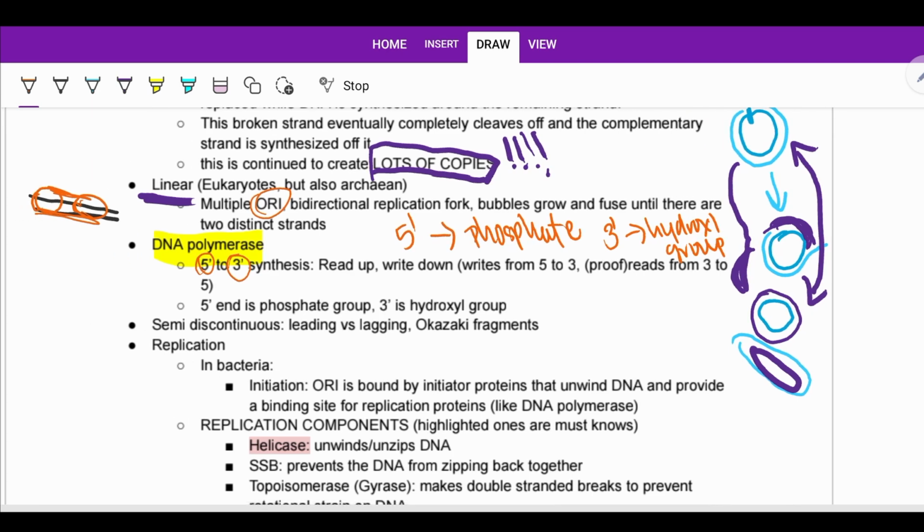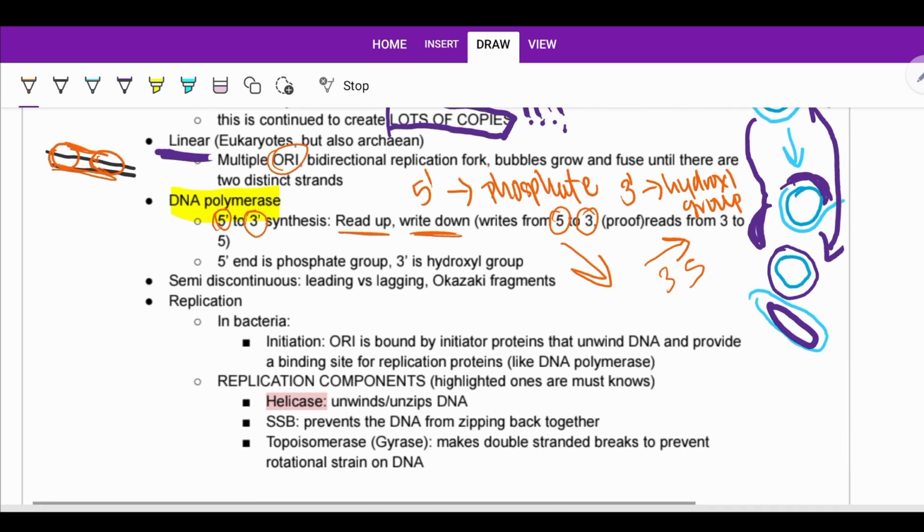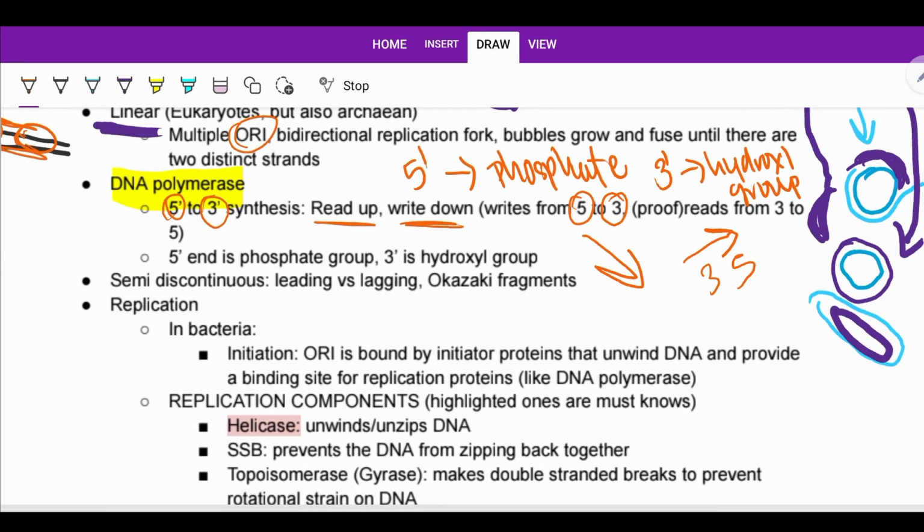A good way to remember this is it reads up, writes down. So it will synthesize, or write, DNA from 5' to 3', so down in numbers, and then it will proofread from 3' to 5'. So it's read up, write down. That's a good way to remember it. Just remember this if you're ever given a picture.